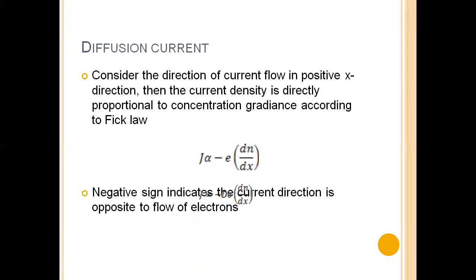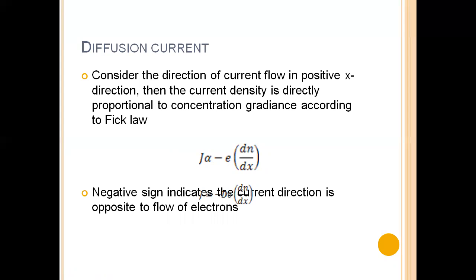Then coming to the diffusion current, as already we had discussed, diffusion current is due to the gradients of carrier concentration. That is, one area is having higher concentration, another area is having lower concentration of same carriers. Like in p-type, we can observe that there are majority carriers of holes on the p side. In the same way, on the n side there will be minority carriers of holes.